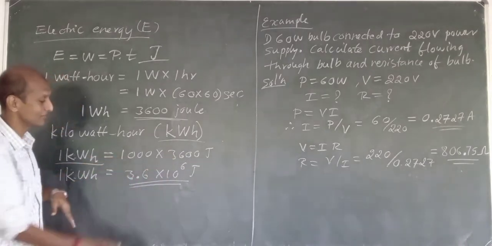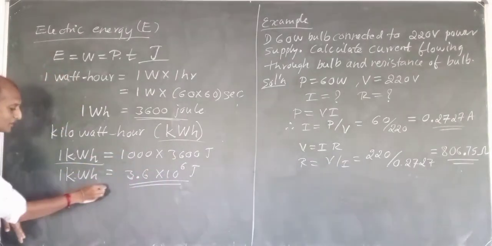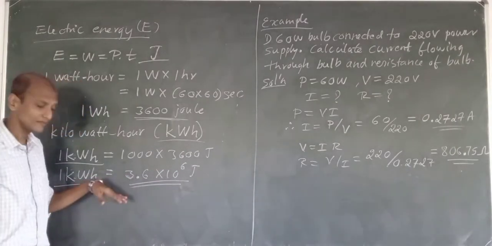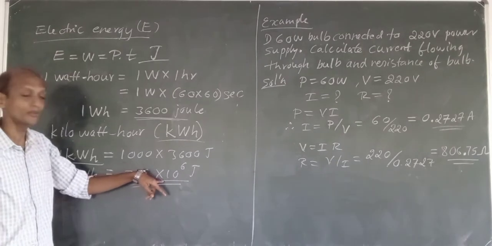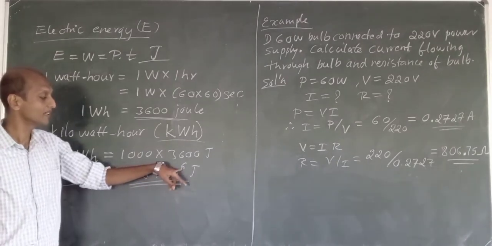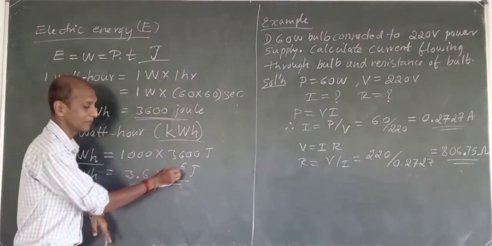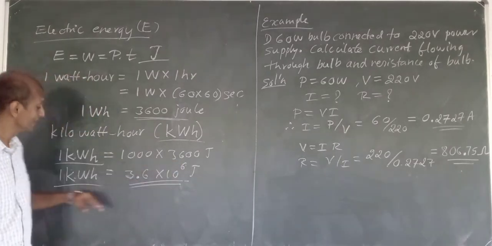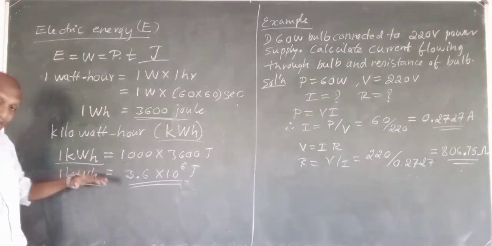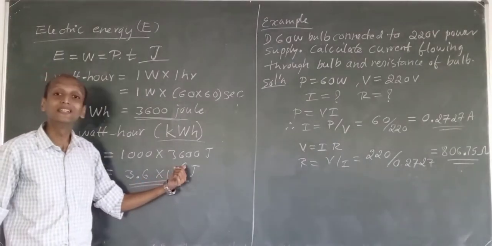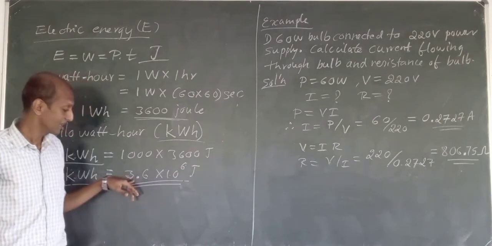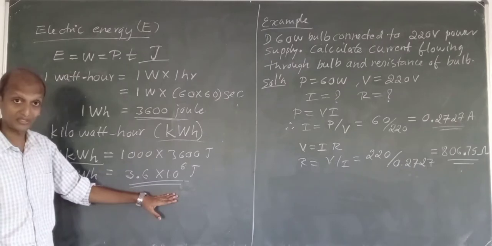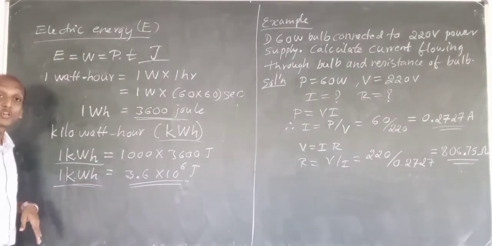If I multiply this, then 1 kilowatt hour gives us a total of 3.6 into 10 power 6. 10 power 6 is mega, so 1 kilowatt hour is nothing but 3.6 into 10 power plus 6 joules, or 3.6 megajoules.